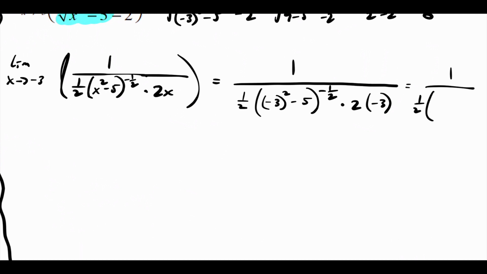Negative 3 squared is 9. 9 minus 5 is 4. So I get 4 to the 1/2 power times negative 6. Oops, not 1/2, negative 1/2.